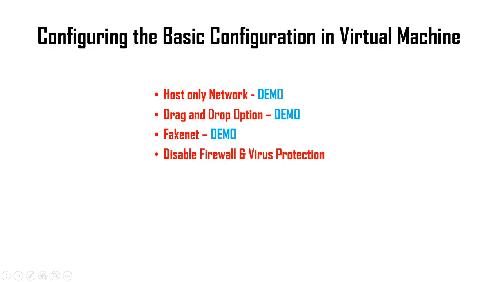And then the third one is FakeNet. For example, if I am executing a malware in my virtual machine, sometimes it may communicate with the internet, right? If it is communicating with the internet, only then it may show its original behavior.